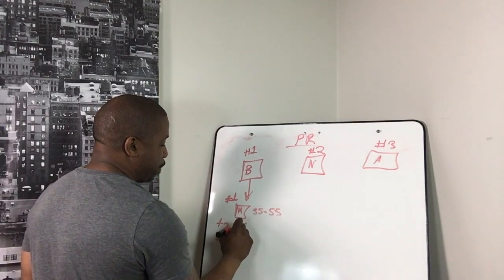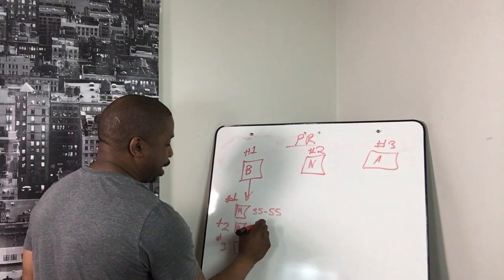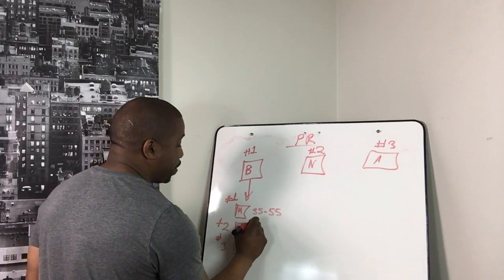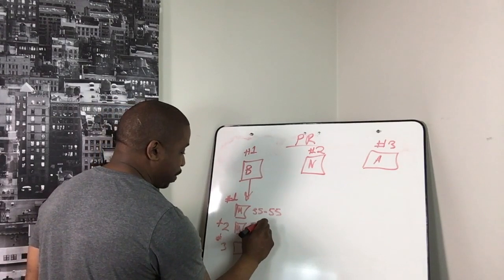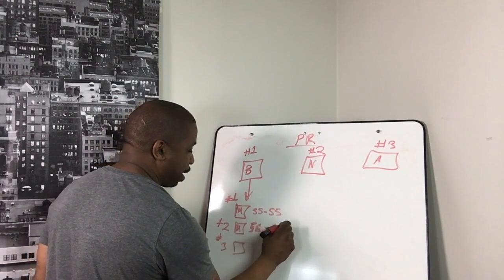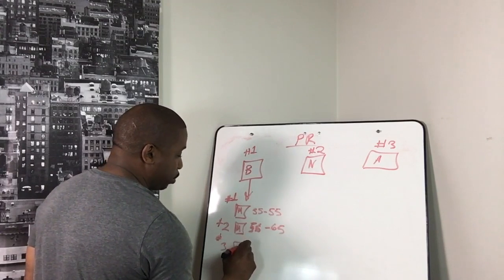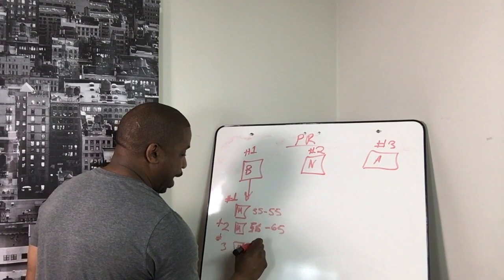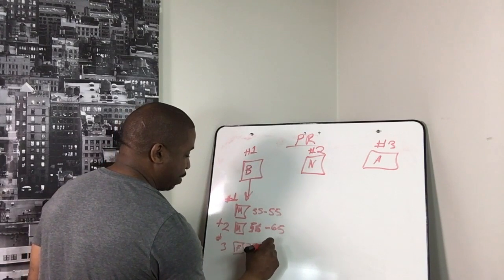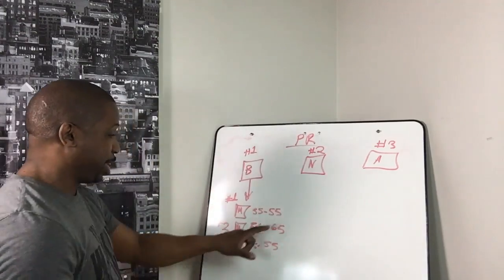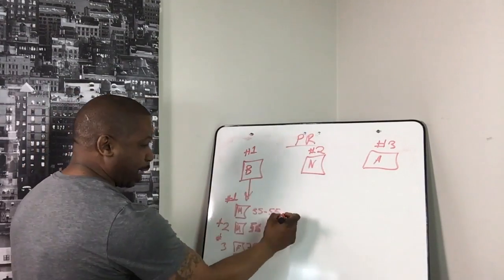Then I might have males 56 to 65. Then I might have females 35 to 55. You get what I'm saying? And then I'll do one more, and I'll have an interest.